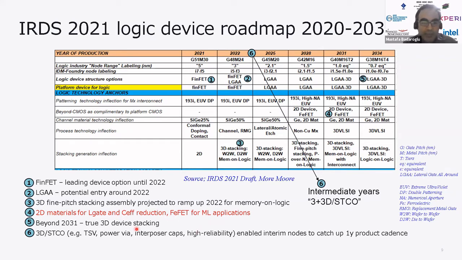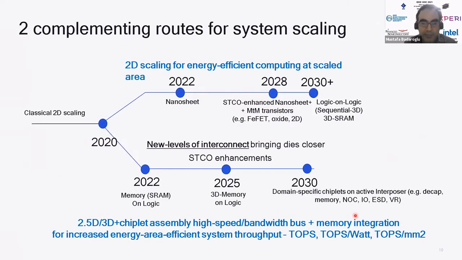For instance, high efficiency interposer cap, high reliability I/O interfaces, power via TSV. This will enable some 3D generations between the large gaps of the nodes. For instance, a 3D version of the same CPU chip coming in the second generation, able to catch the 1-year product cadence, filling the gaps of the nodes.